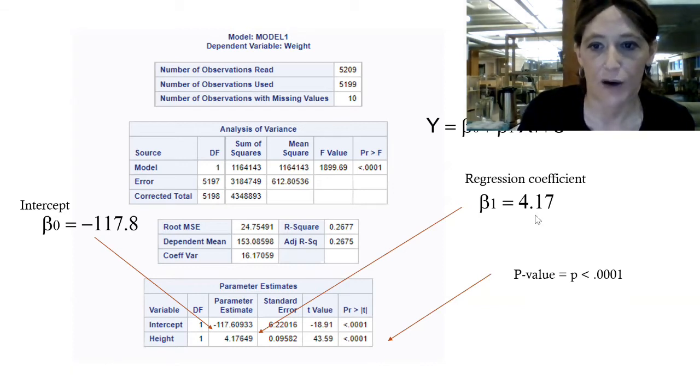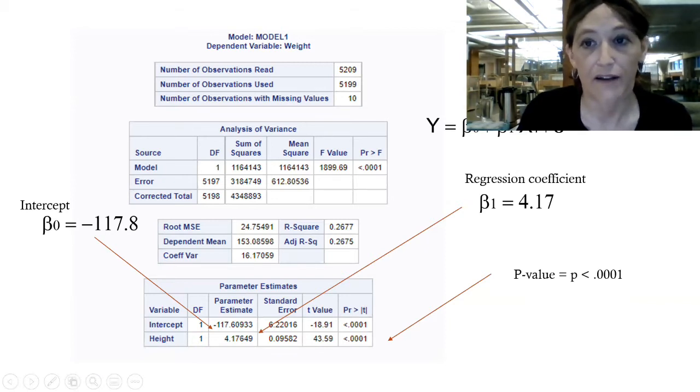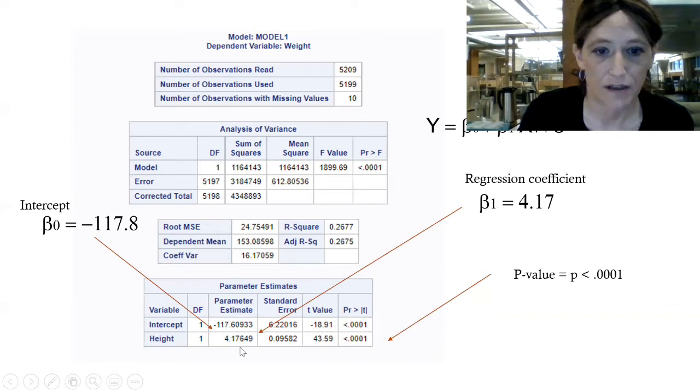Notice there's a lot more output here. Instead of getting a value of 0.5, which was the correlation coefficient for this relationship, here I have this parameter estimate for height, predicting weight, and it says 4.17. That's the beta coefficient for this equation. What's that saying?